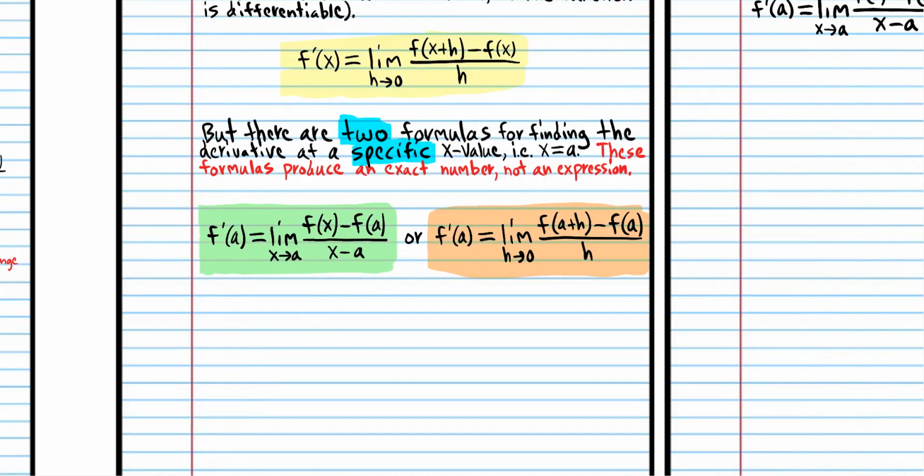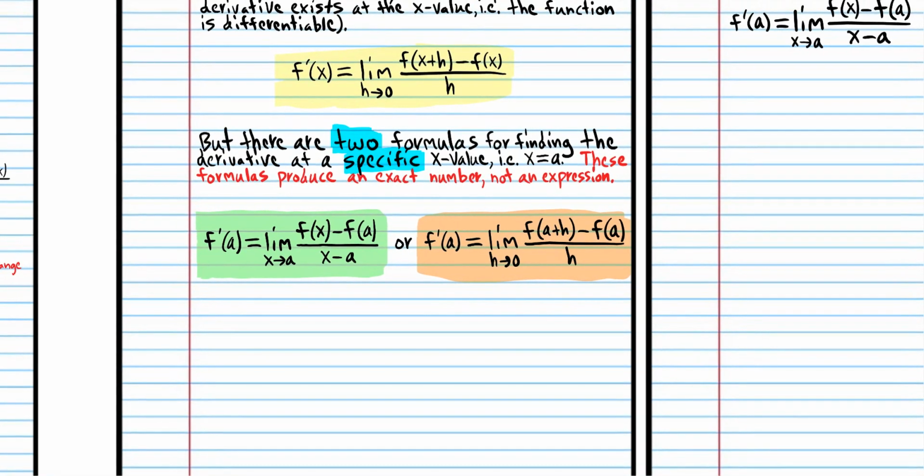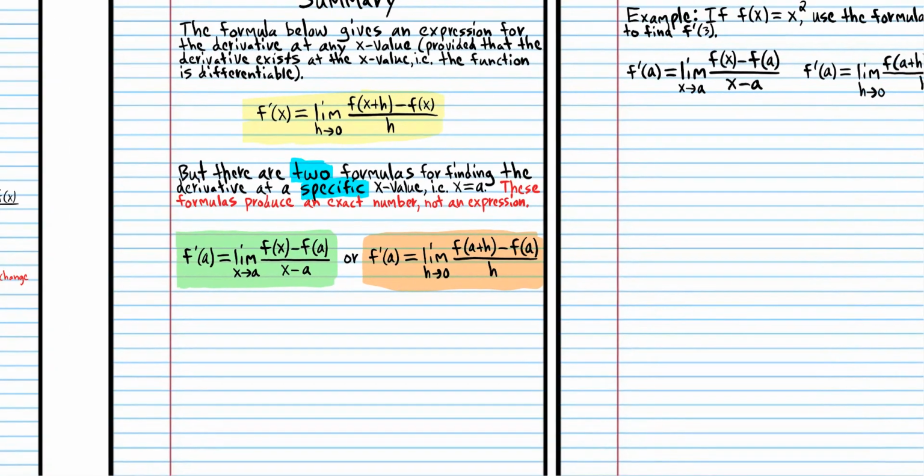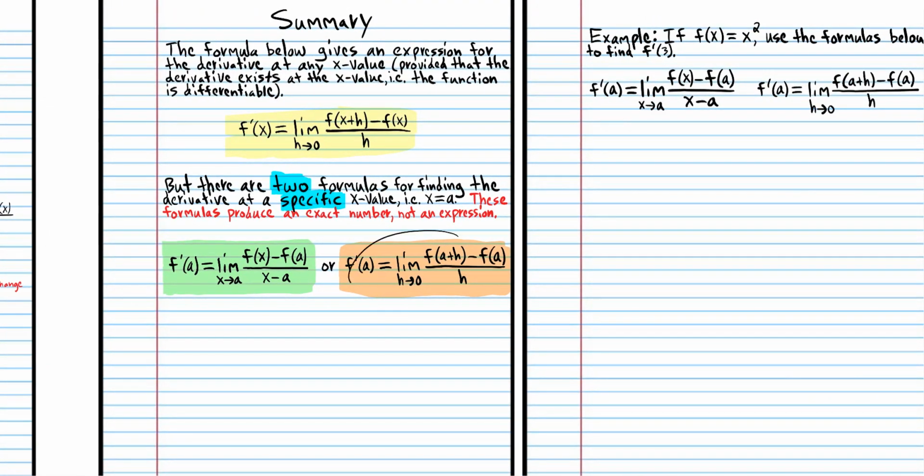It only works if you're finding a derivative at a particular x value. Same with this expression here, given that we have a plugged in. It's designed to find the derivative at a particular x value. But this one, again, is based off this formula, whereas this one is completely new. So let's demonstrate.